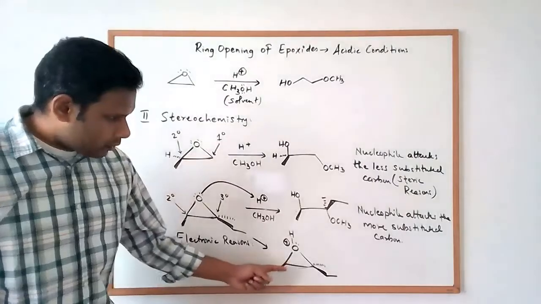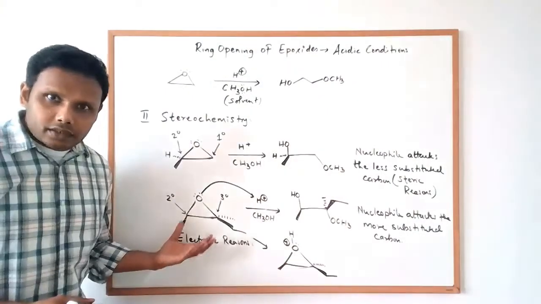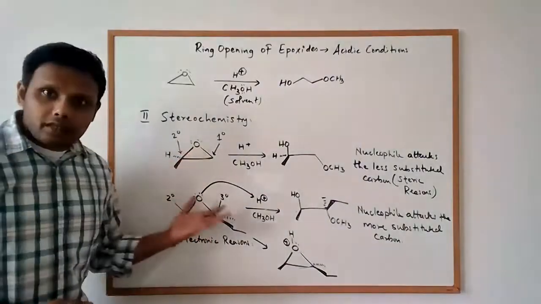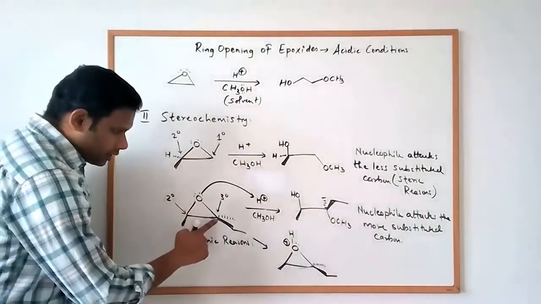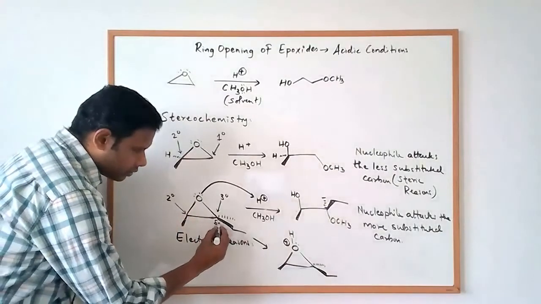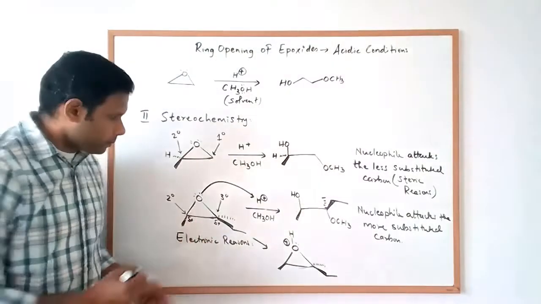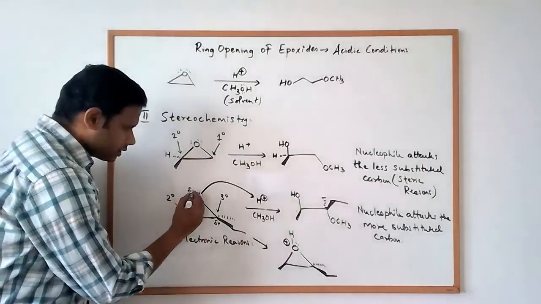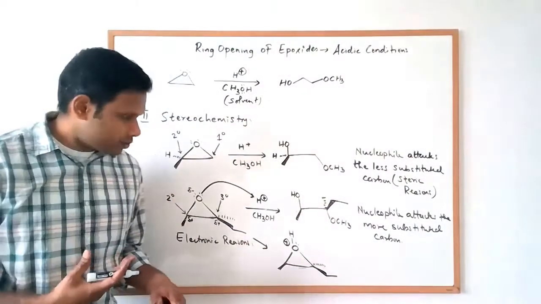Okay. Now, in the epoxide to start off, or in any epoxide to start off, realize that the carbons that are connected to the epoxide oxygen are going to have a partial positive character to them. And that's because the oxygen is an electronegative element, it's going to have a partial negative character to it.